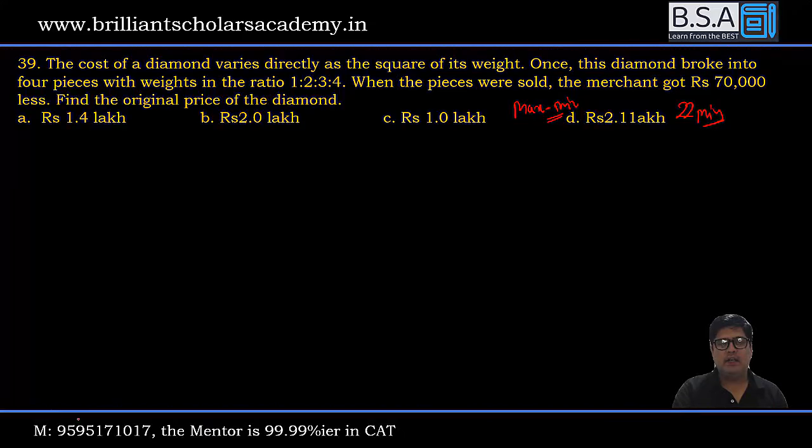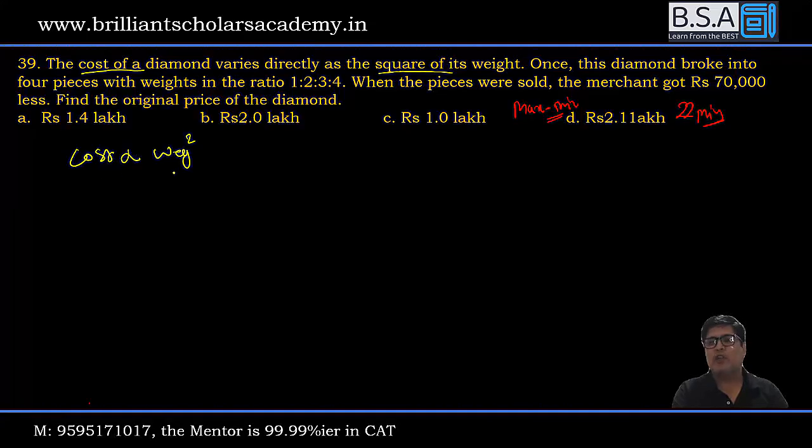So first thing you and I need to observe is what is the relation between variables and what variables. We are saying the cost of the diamond directly varies as the square of its weight. Whatever weight is there, I'll perform the square.